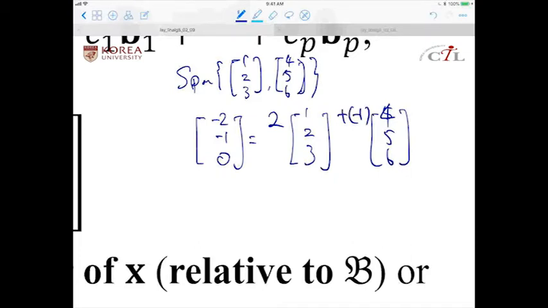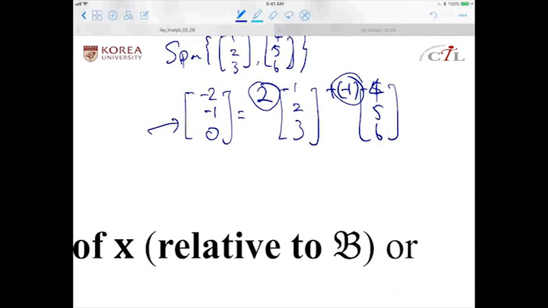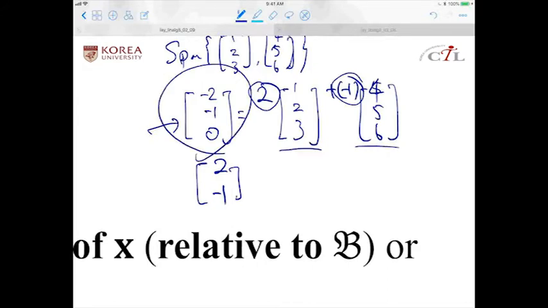Because I created this vector -2, -1, 0 from these linear combination coefficients, in this case 2 and -1. This 2 and -1 is the coordinate vector of this vector with respect to these two basis vectors, okay?